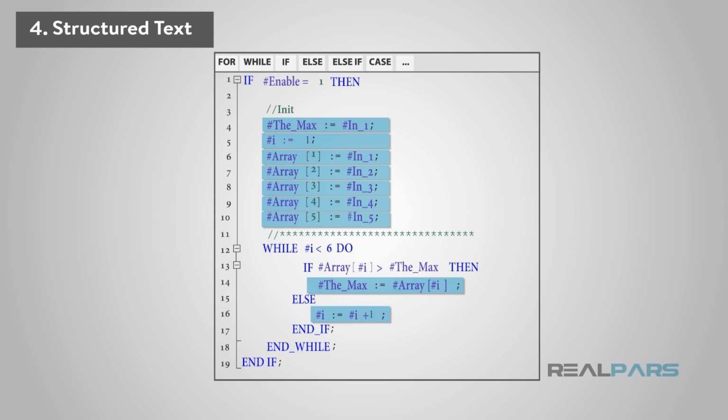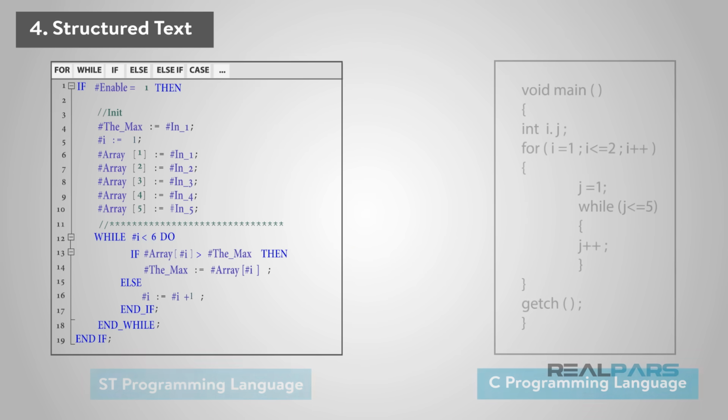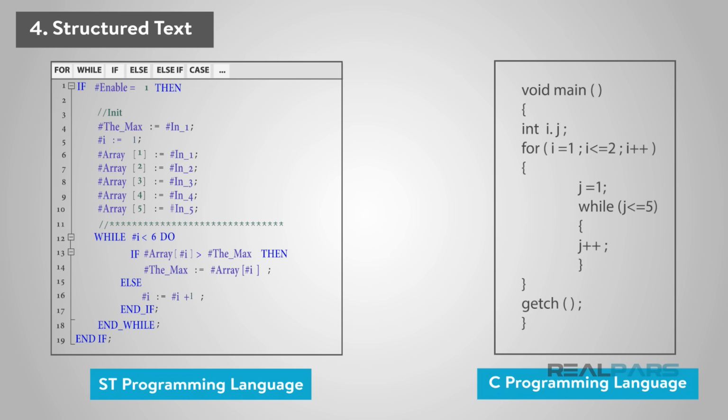The code uses statements that are separated by semicolons, and then either inputs, outputs, or variables are changed by these statements. You must write out each line of code, and it uses functions such as for, while, if, else, else if, and case. If you have experience with BASIC or C languages, this PLC programming language will come easier than some of the other languages.